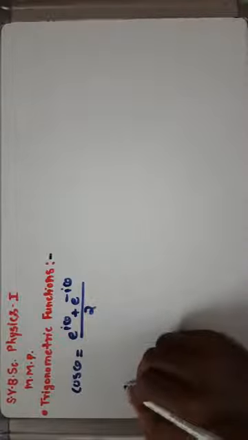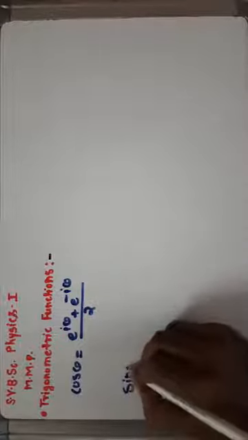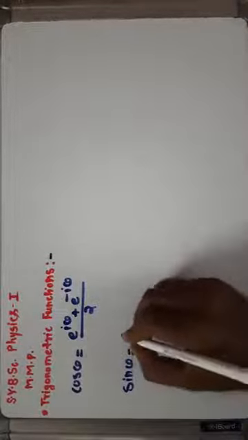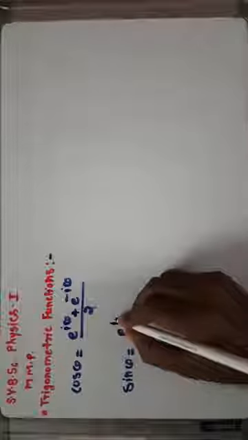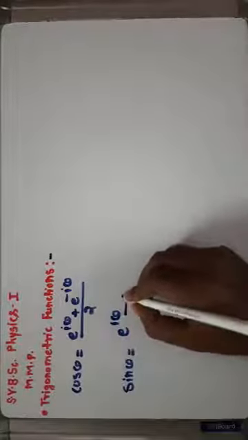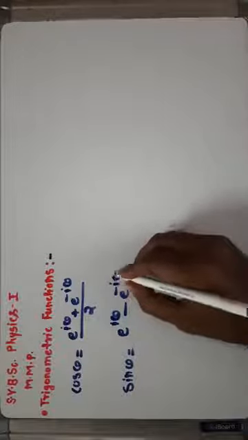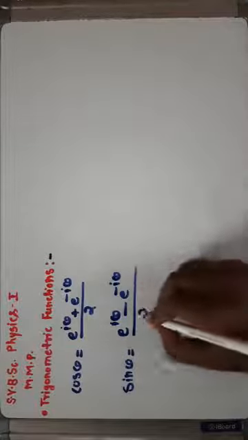Sin theta is equal to e raised to i theta minus e raised to minus i theta divided by 2i.